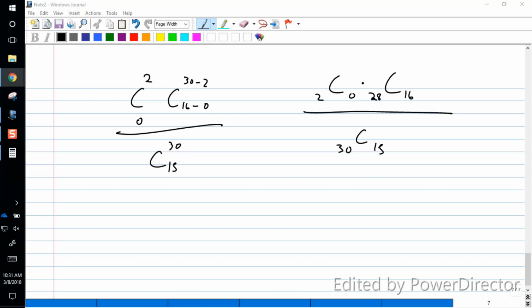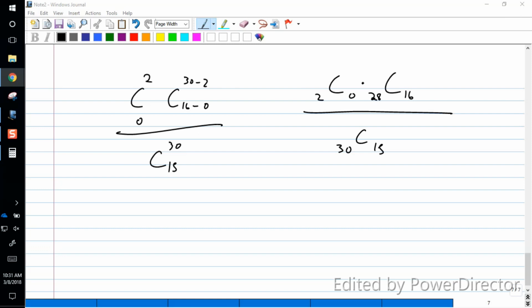All right, so this chapter is on probability distributions.